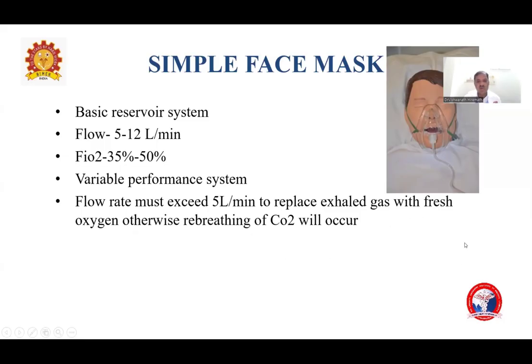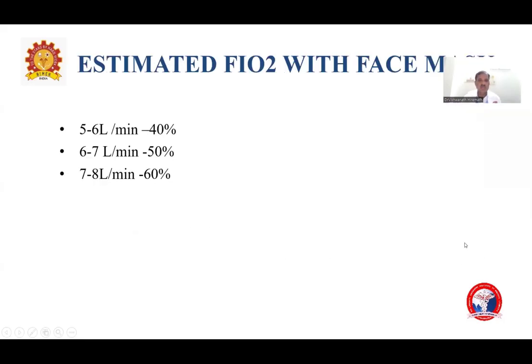Otherwise, rebreathing of carbon dioxide will occur. The estimated FiO2 with the face mask: when you provide 5 to 6 liters per minute, it is 40%. With 6 to 7 liters per minute of flow, FiO2 provided is 50%. With 7 to 8 liters per minute, FiO2 provided is 60%.